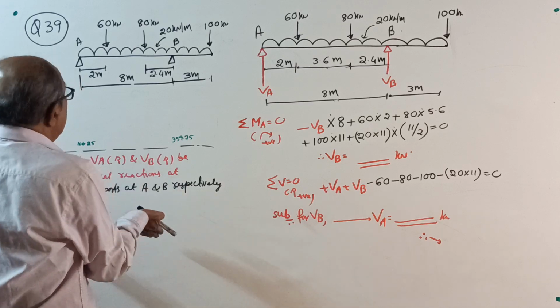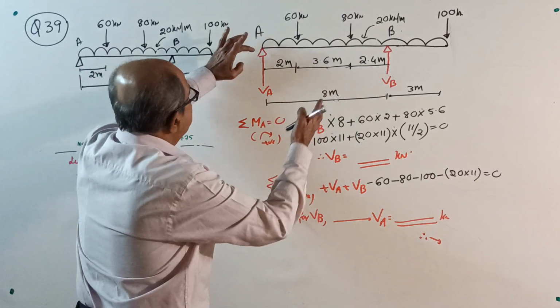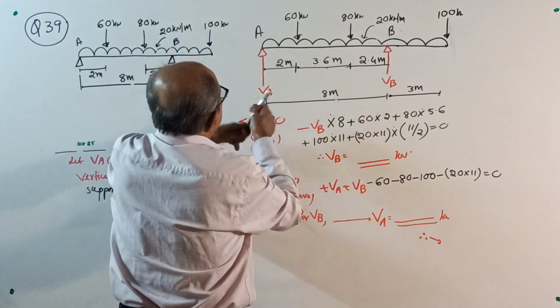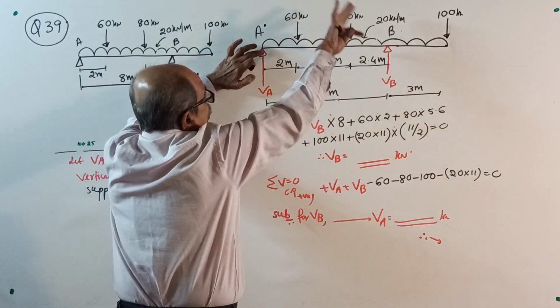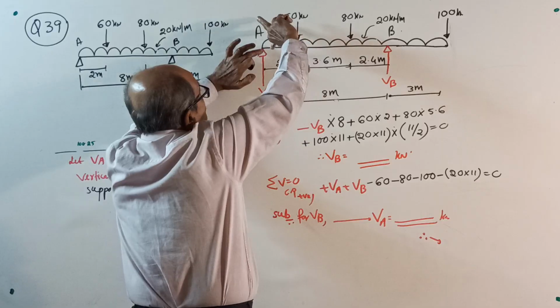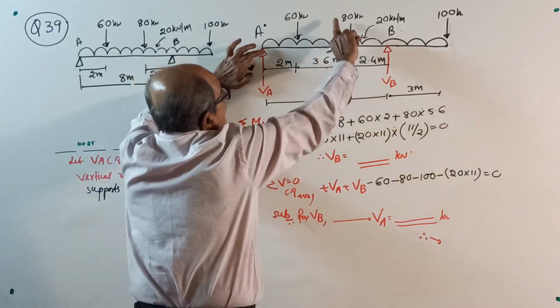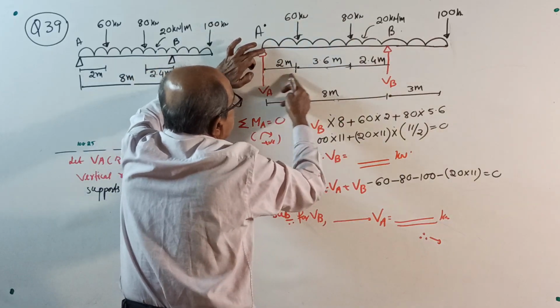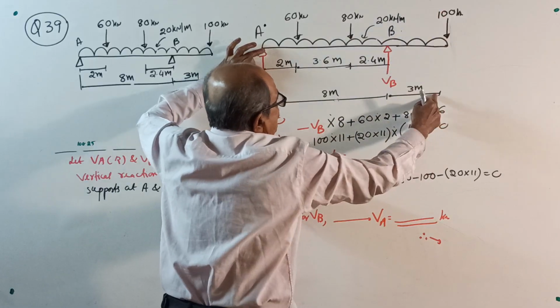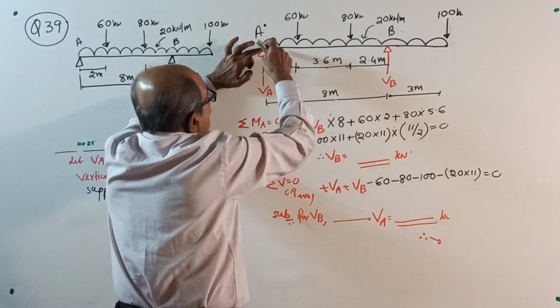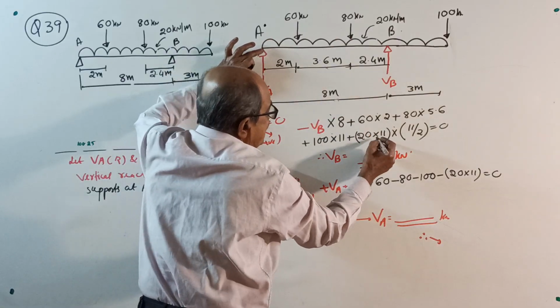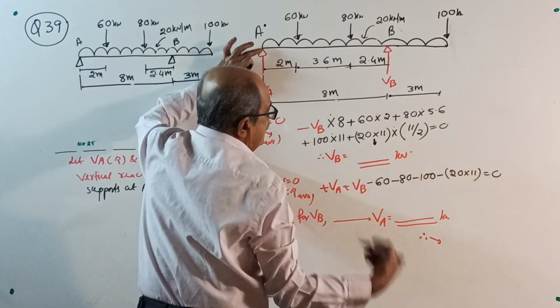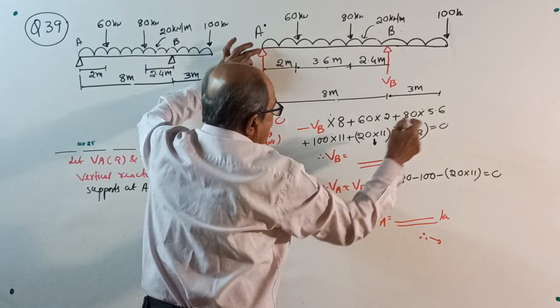Usual statement: let VA, VB, write the sketch, take moment about A. Minus VB into 8, anticlockwise, that's why minus, plus 60 into 2, 80 into 5.6, 100 into 11, all clockwise, plus 20 into 11, the total load, into half of 11, equal to 0.